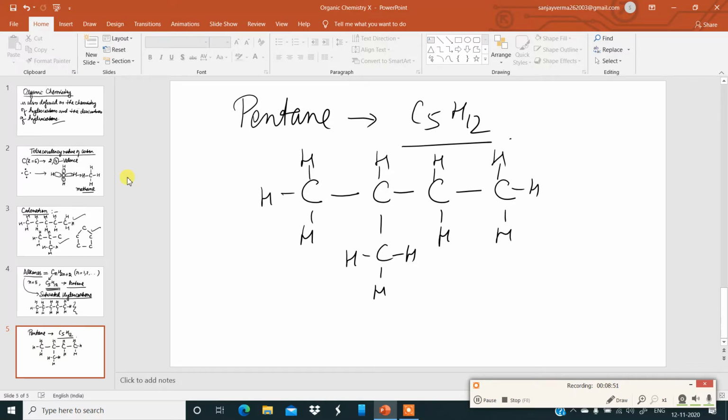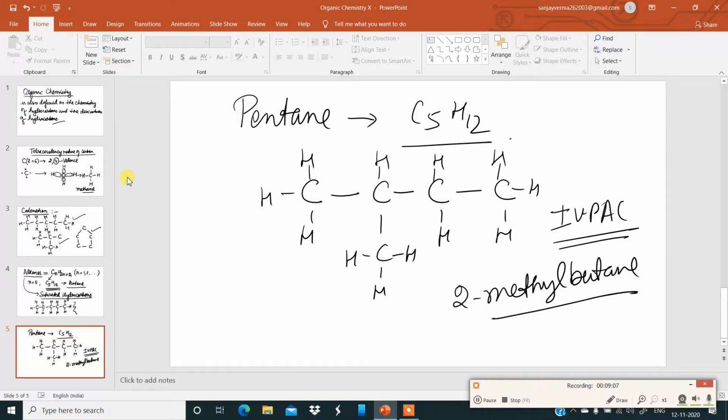So this is also pentane, but its correct IUPAC name becomes 2-methyl butane. Okay.